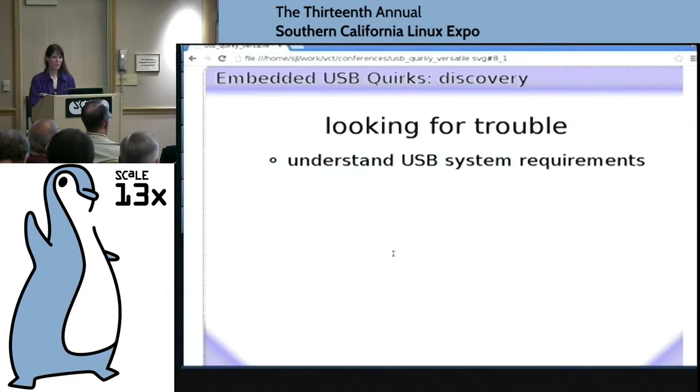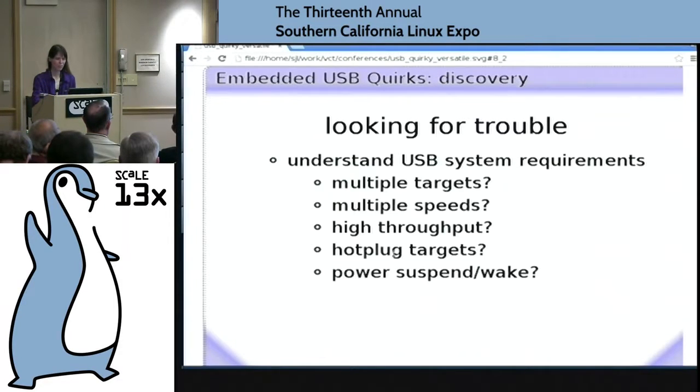So, first step. I'm sure Steve has been wanting to talk about this one for a couple of slides now. You need to understand your USB system requirements in order to know where the trouble may come from. Are you going to have multiple targets on the bus? Multiple speeds at the same time? Do you need high throughput?